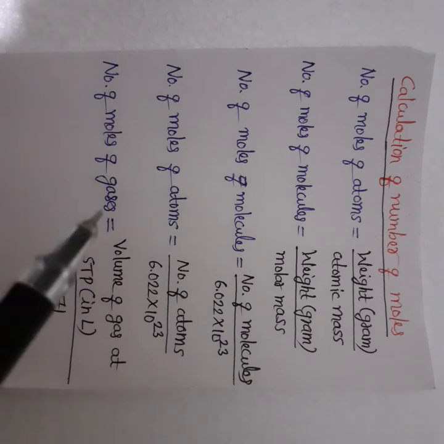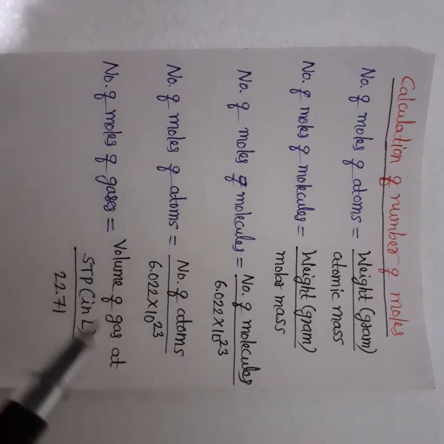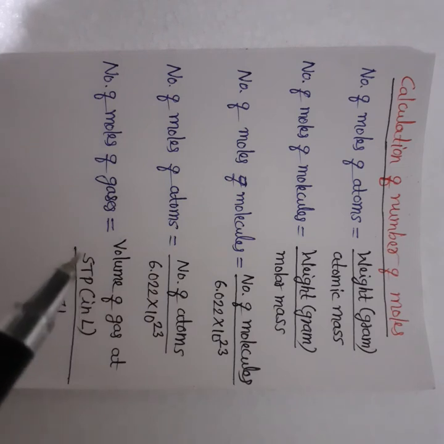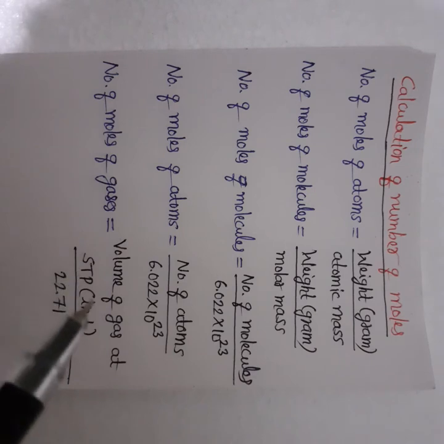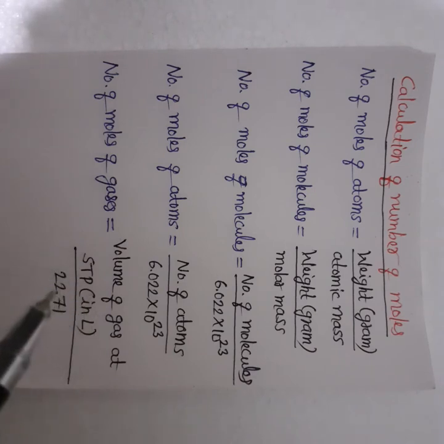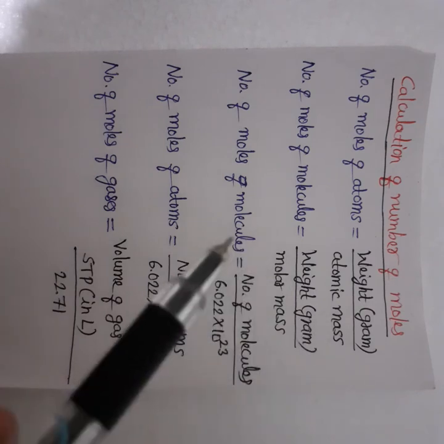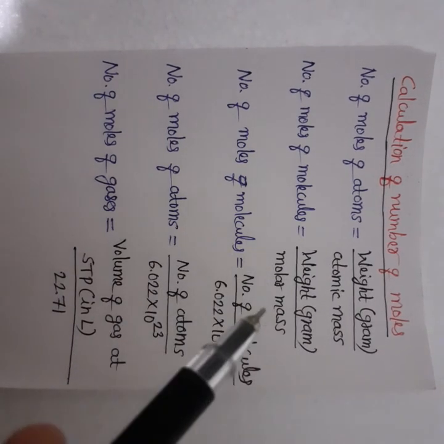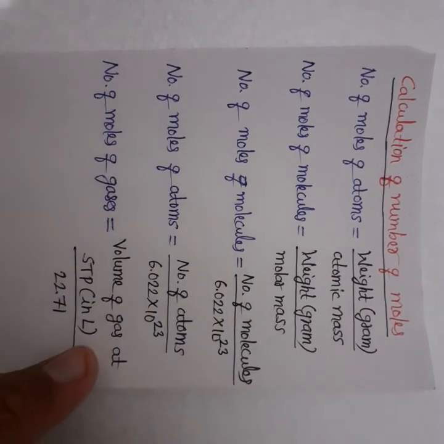Number of moles of gases is equal to volume of gas at STP in liters, STP means standard temperature and pressure, divided by 22.71. These are the formulae to calculate the number of moles.